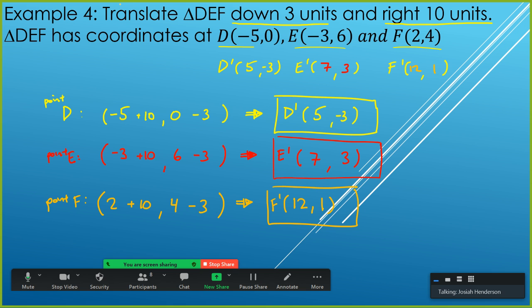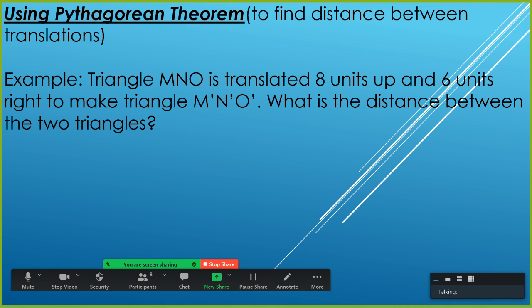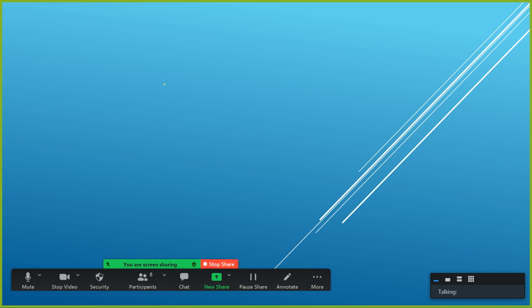And then for dilations, we're multiplying the scale factor to the original points. Old x and old y equals the new x and the new y for dilations.